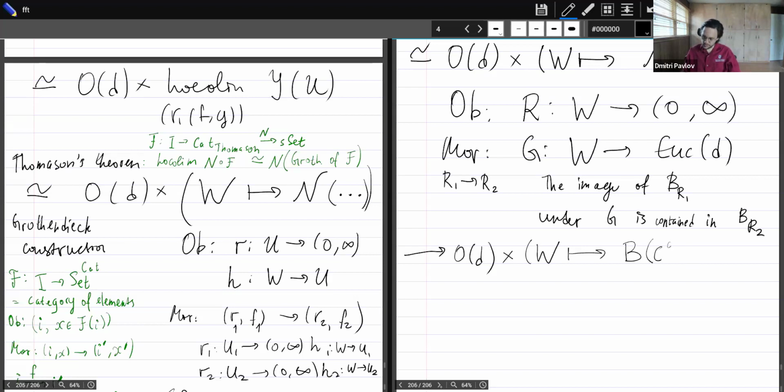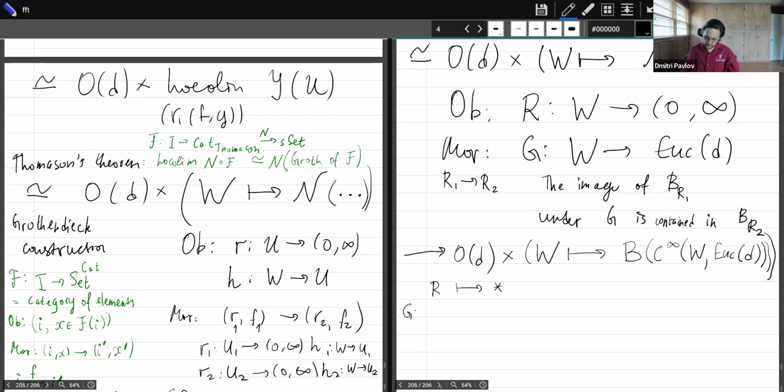of a group. Which group is it going to be? It's going to be the group of smooth maps from W to the Euclidean group. And what is this map? It sends an object R to the only object in the loop, what is usually denoted by a star.